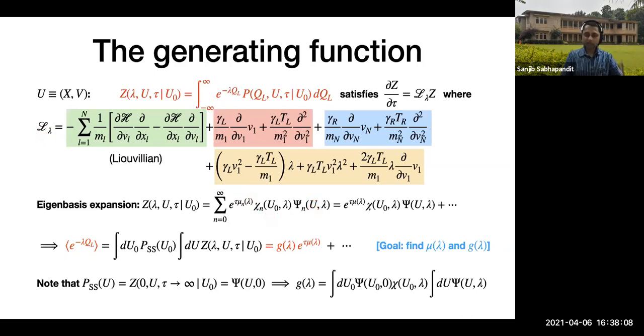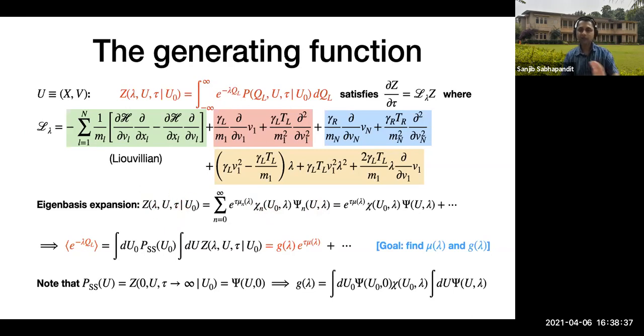Unlike the Schrodinger equation where the Hamiltonian is Hermitian, in which case the left eigenvector is just the complex conjugate of the right eigenvector, in this case the left eigenvector is not the complex conjugate of the right one, but otherwise it's similar. So you find the eigenspectrum and the corresponding left and right eigenvectors, and you can expand there.